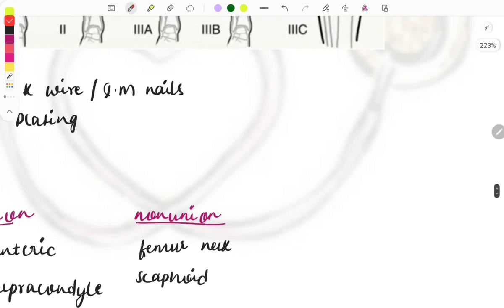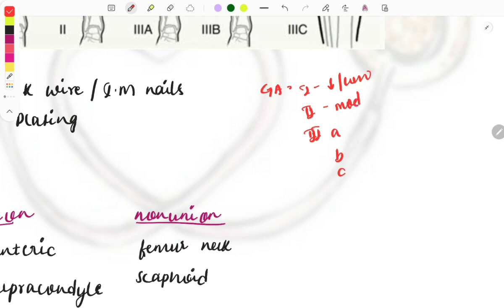Let me say here that this Gustilo-Anderson classification is 1, 2, 3, again divided into A, B and C. A will be a little wound with low risk of infection. Moderate means the injury is classified at a moderate level and there is a risk of getting infection. In A, B, C, the superficial layer of soft tissues will be involved, then it goes a little deeper into the soft tissues, and then there is involvement of the vessels.